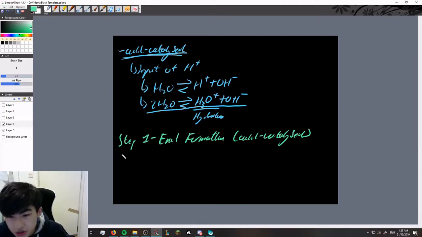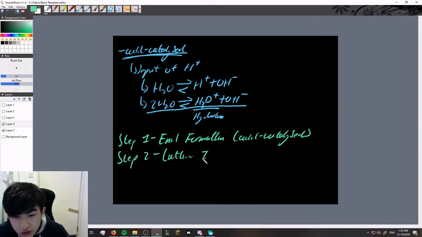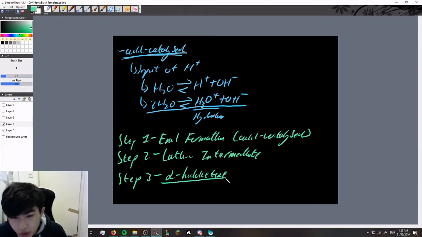So once this happens, we move on to step 2, where the enol and the halogen react together, and what this forms is a cation intermediate. That leads us to step 3, where we are finally left with an alpha haloketone product, which is what we want to form from our starting ketone.